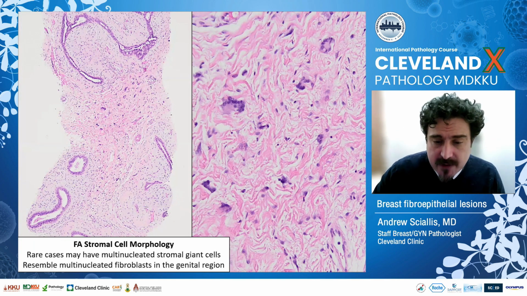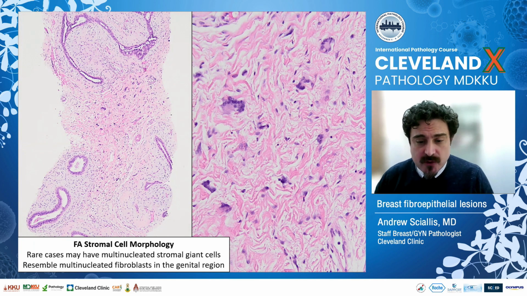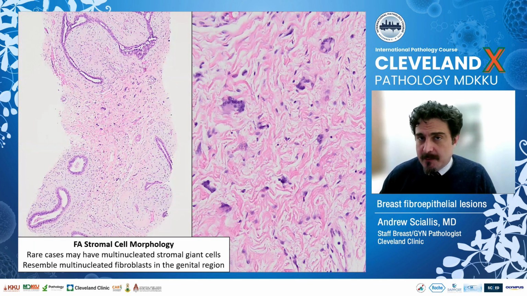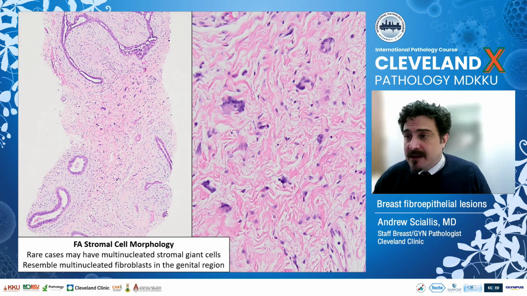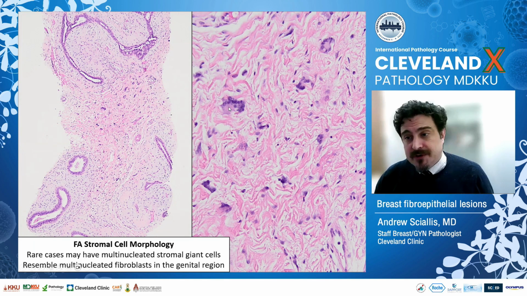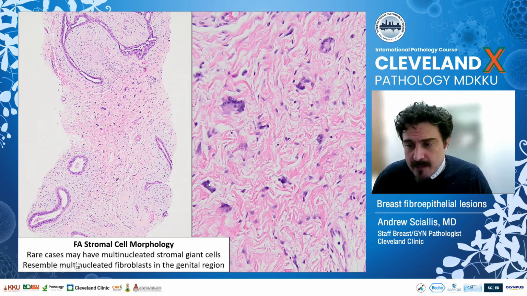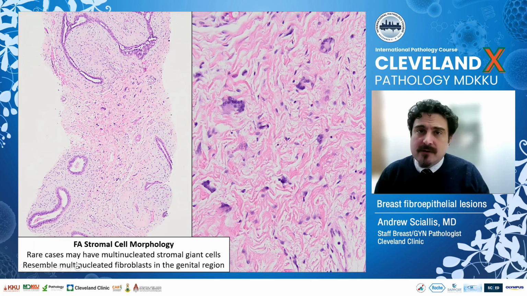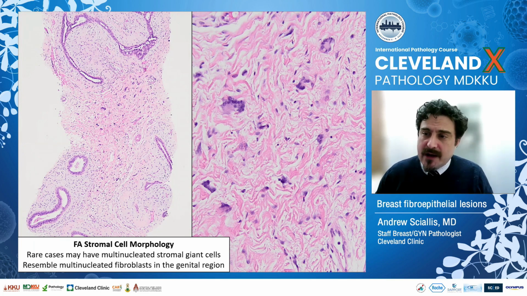Rare cases of fibroadenomas may have multinucleated stromal giant cells. In a way, this resembles the multinucleated fibroblasts in the periareolar or even the genital region, like the vulvovaginal area. What these look like are enlarged cells that have multiple nuclei. They may appear a little bit hyperchromatic, but probably that's because there's a lot of them packed closer together and it gives our eyes that impression.